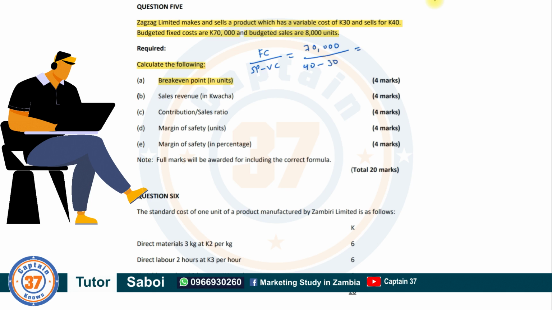So this is going to be 70,000 over 10, because 40 minus 30 is 10. The zeros cancel. The answer to this one is going to be 7,000 units. That is the answer to A.